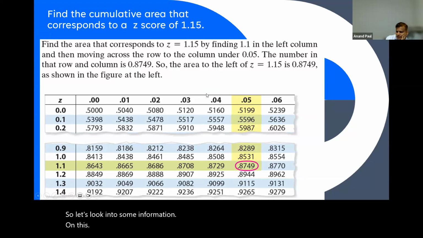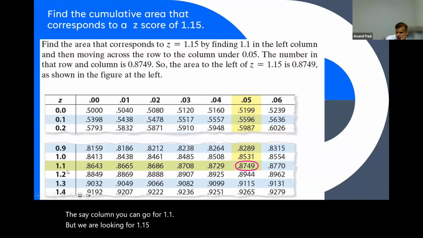In this case, I will show you how to find certain values from the z table. Suppose you have a z-score of 1.15. You can go to the z table and look at the z column. In the z column you can go for 1.1, but we are looking for 1.15, right?